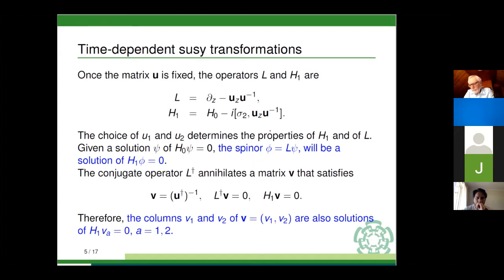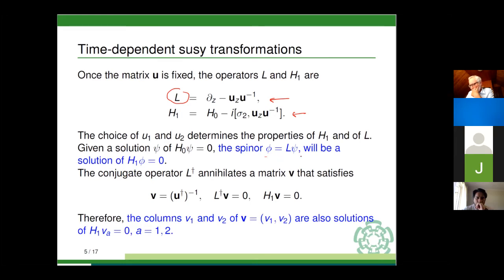As you can see, L and H1 contain the matrix U. So it is very important to find a useful matrix U, because many properties of U will be in H1 and also in L. It is important to have L because we can construct a solution of the new system given that we know a solution of the old system.